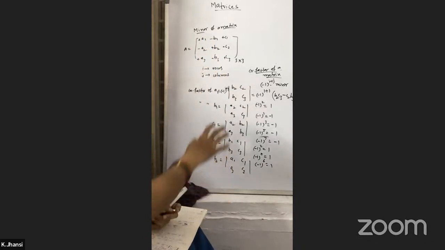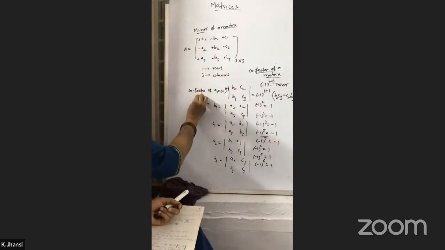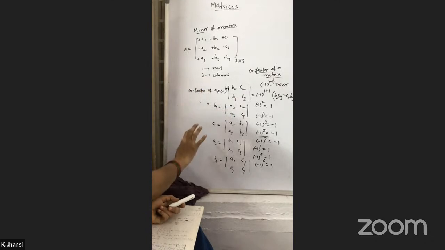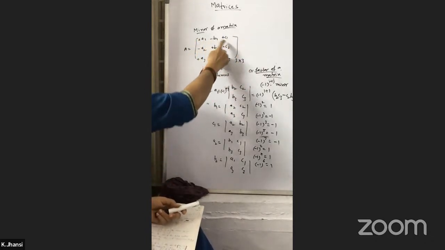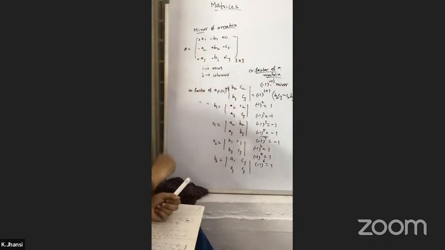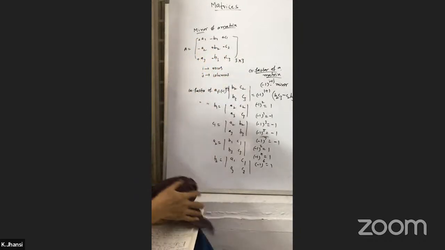Okay. So I hope you understood the concept of cofactor and also minor of a matrix. So here you write this sign. These are important for finding the determinant of a matrix.